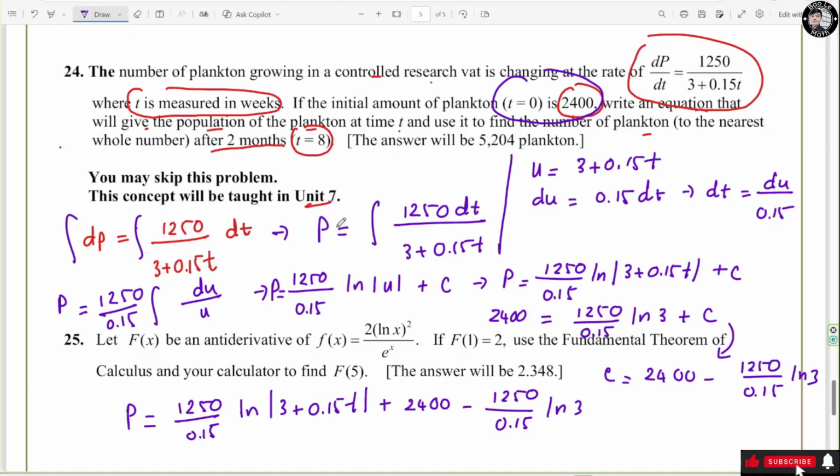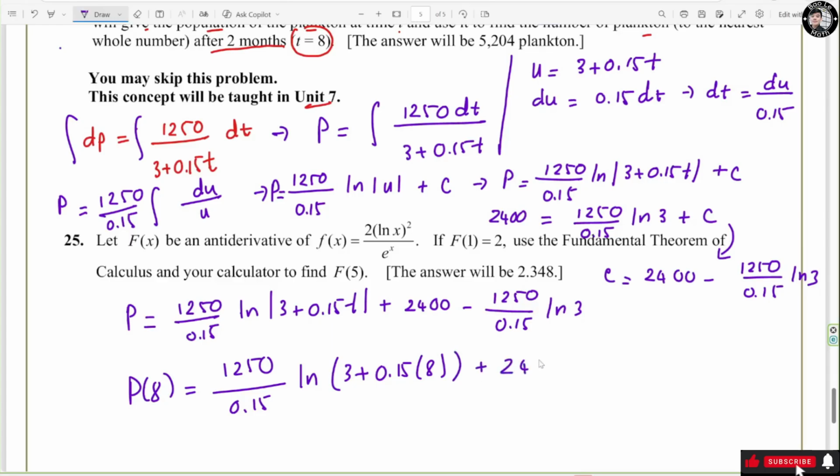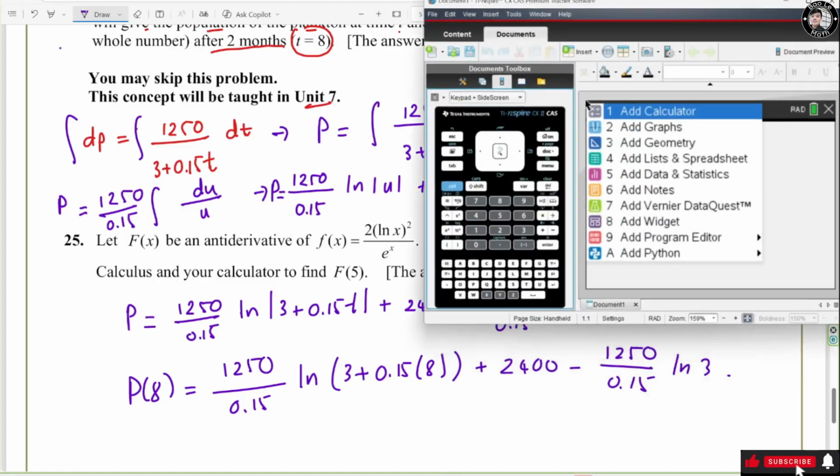Now we need to calculate the value of P when t equals 8. So I have P of 8 equals 1250 over 0.15 ln of 3 plus 0.15 times 8, right? Plus 2400 minus 1250 over 0.15 ln 3, right? Now I'm going to bring up the calculator.